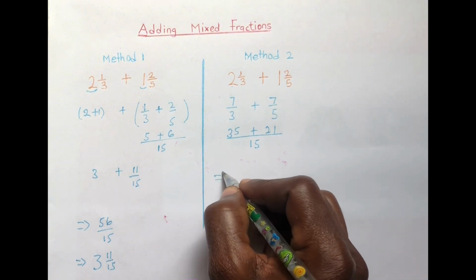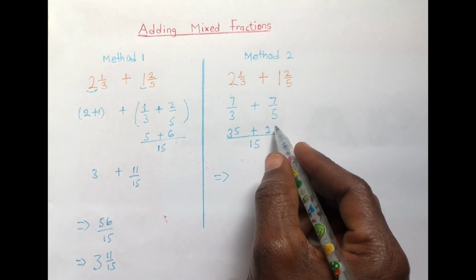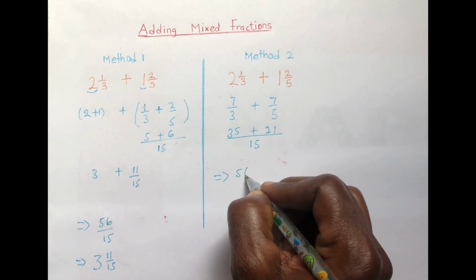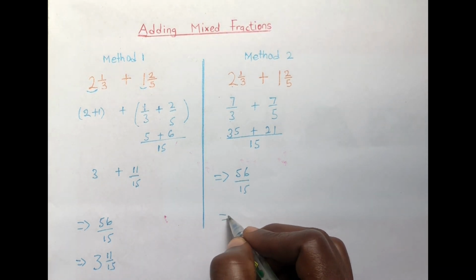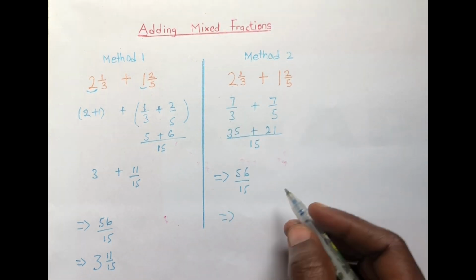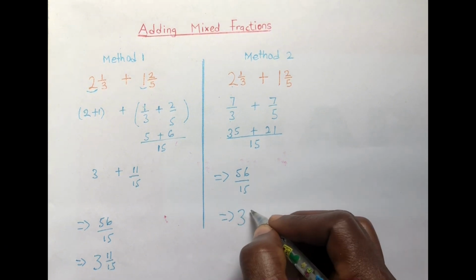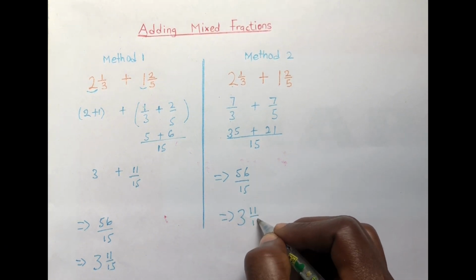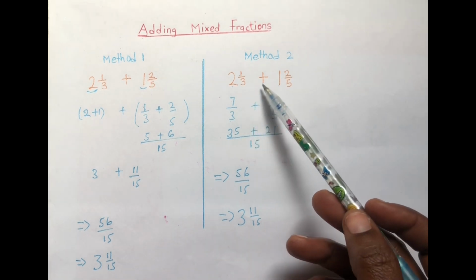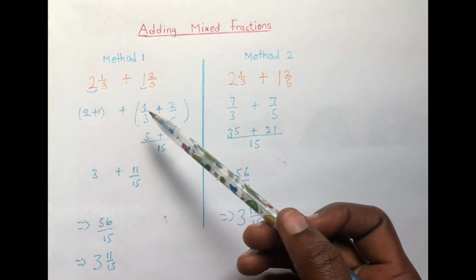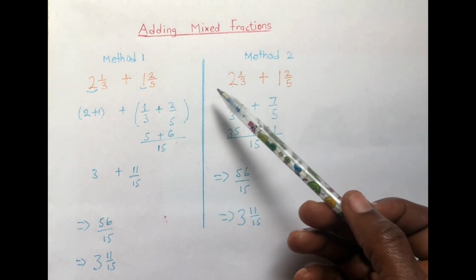Then we have 35 plus 21, which is giving us 56/15. Converting it back to mixed fractions, we have 3 whole number 11/15.